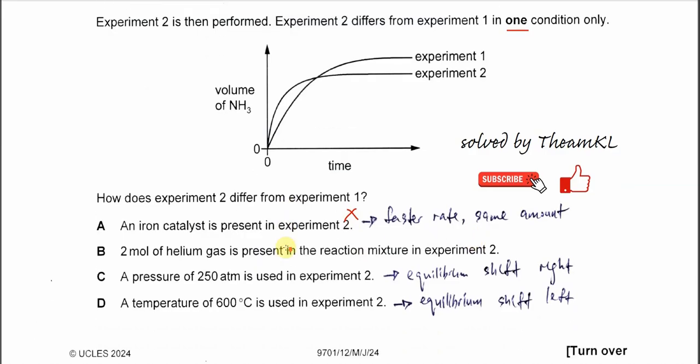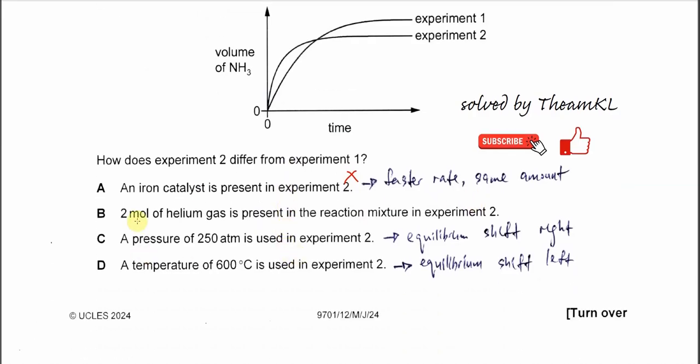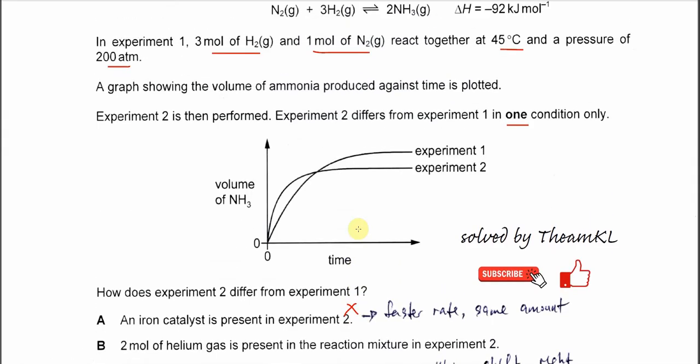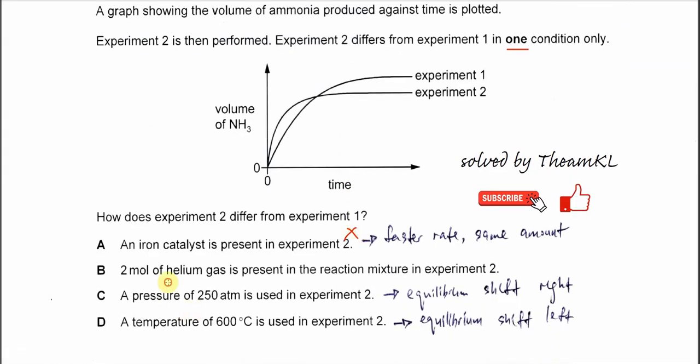For B, 2 moles of helium gas is present in the reaction mixture in experiment 2. Many of you might be confused when extra gas is added, pressure changes and so on. But you need to understand that helium is a gas that is not in this equilibrium.